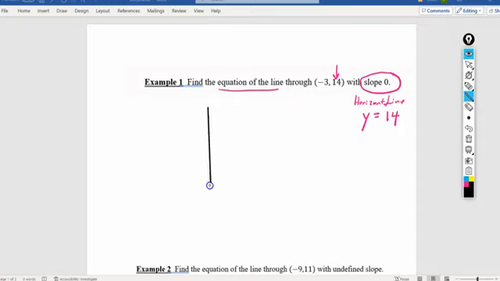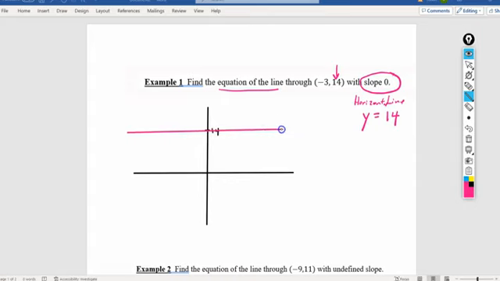But you could go ahead and draw this if you had to, or if you've been shown a picture and asked what the equation is. So the horizontal line, y equals 14, is a horizontal line that goes through 14 on the y-axis. Okay, and you can see that it contains the point -3, 14. See, it's on there.